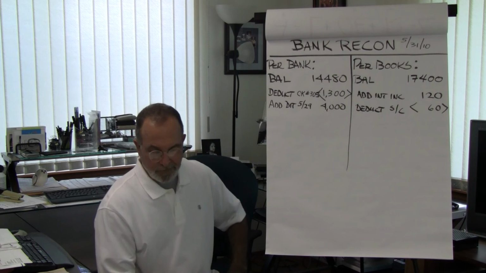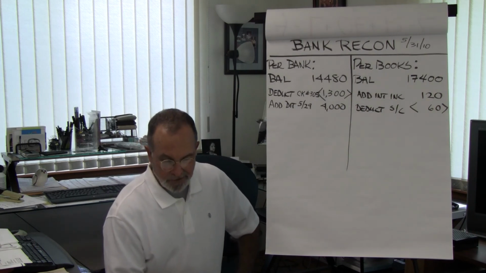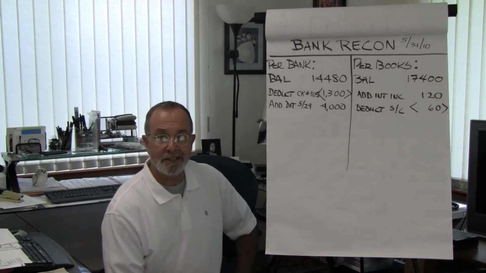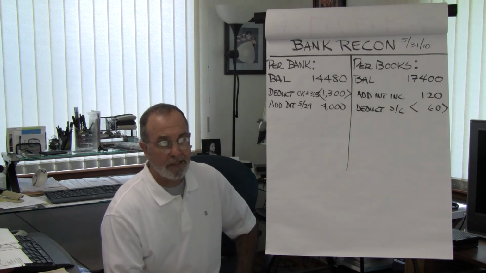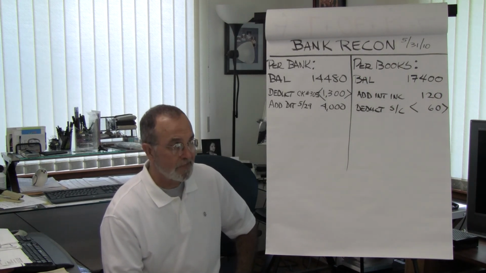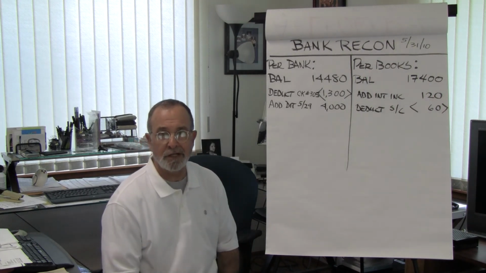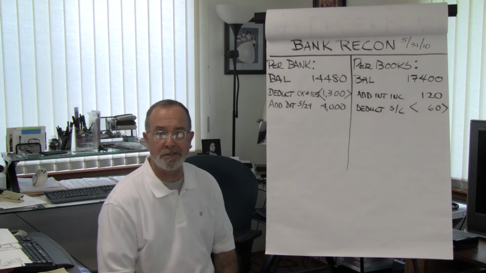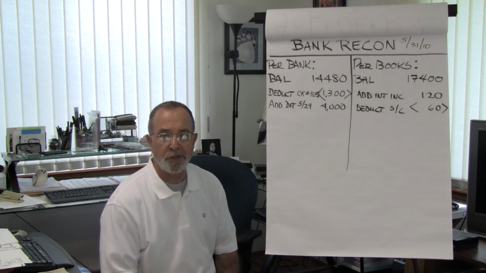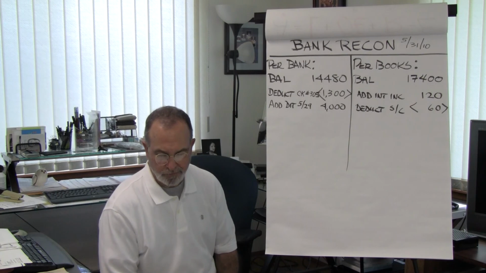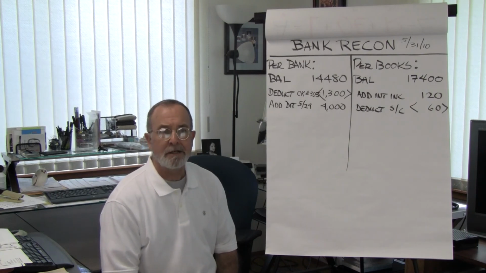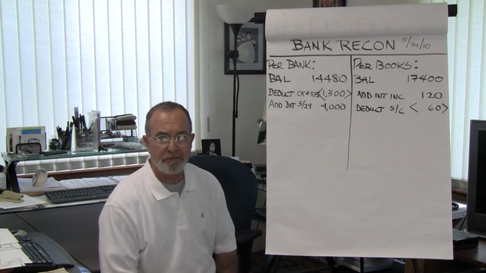Now the last item that shows up on our bank statement is an NSF check. An NSF check is probably a common item for many businesses that receive check payments from customers. NSF means not sufficient funds.